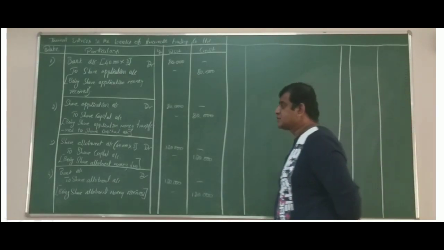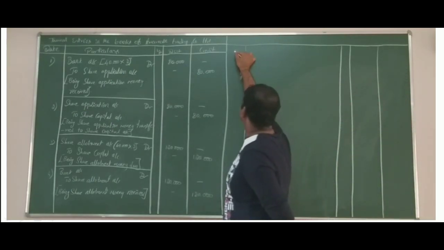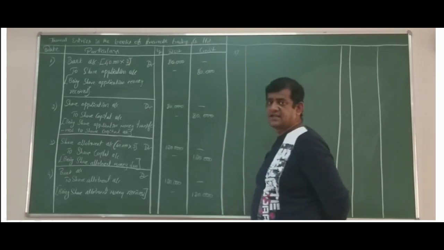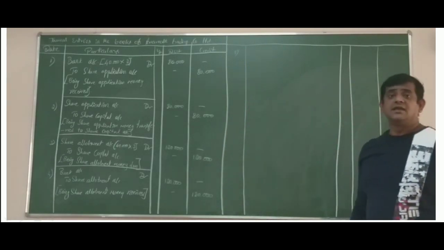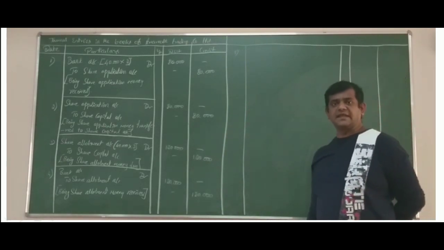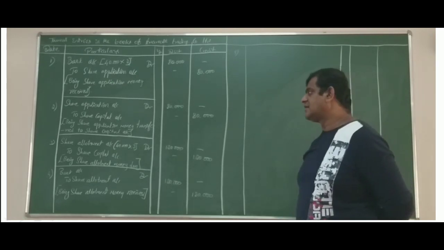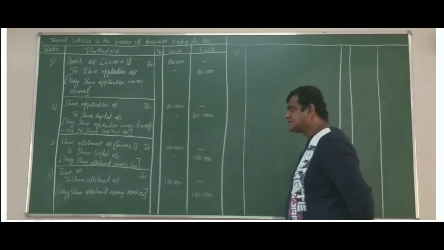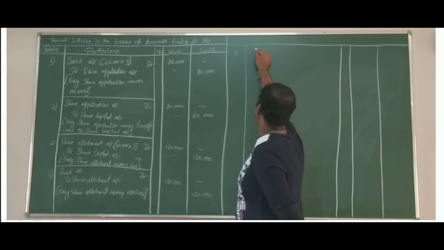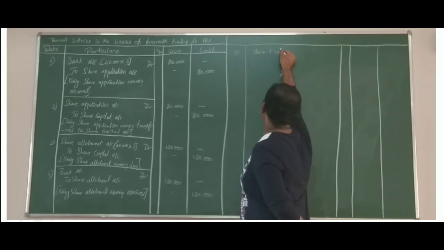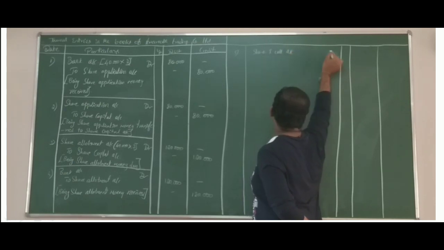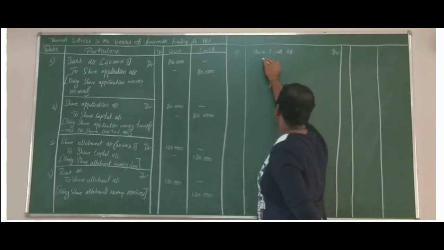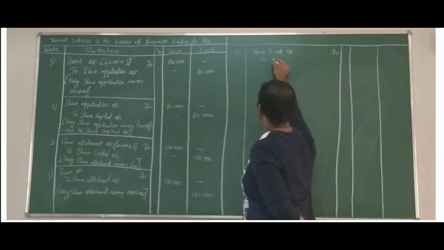So now I am going to the fifth entry. What is the fifth entry? First call money due. Correct? First call money due. So for the due entry, what is the entry? Share first call account debit to share capital account.